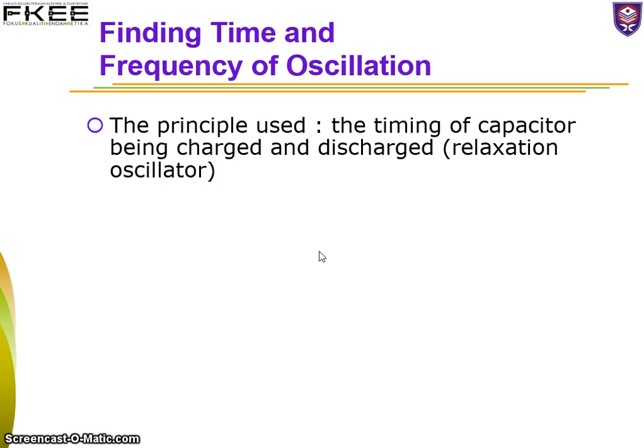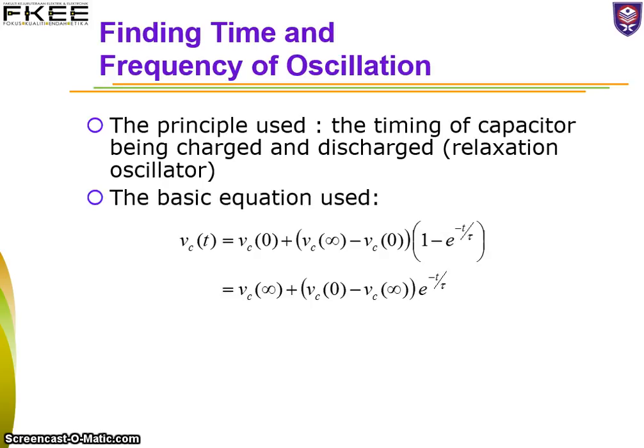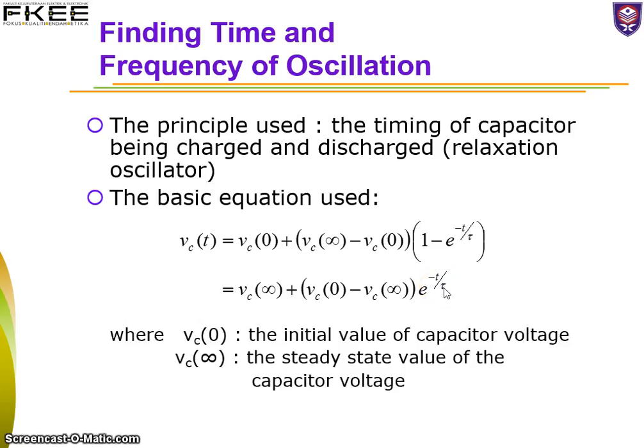This is the basic principle of a relaxation oscillator, and the equation used is Vc at any time t equals Vc at initial value plus (Vc at steady state minus Vc at 0) multiplied by (1 minus e to the minus t over tau). Or if you simplify the equation, it equals Vc at infinity, which is steady state, plus (Vc at 0, initial state, minus Vc infinity, steady state) times e to the minus t over tau. Tau is the time constant.